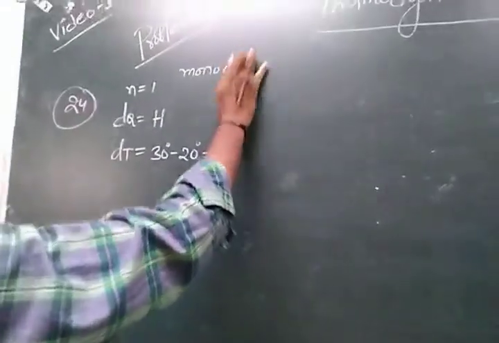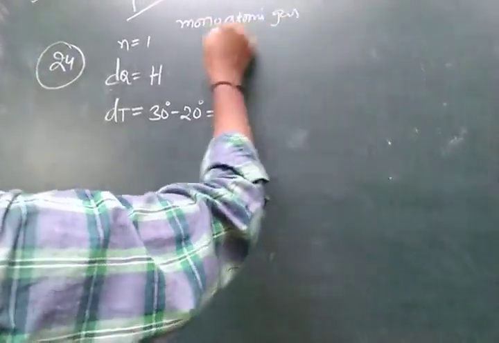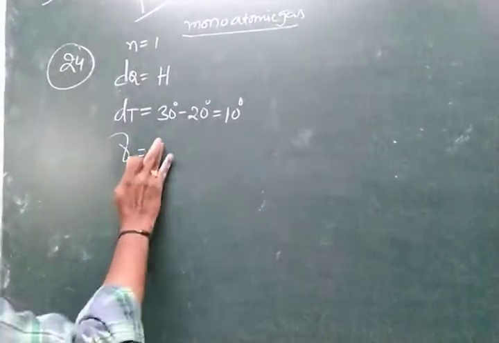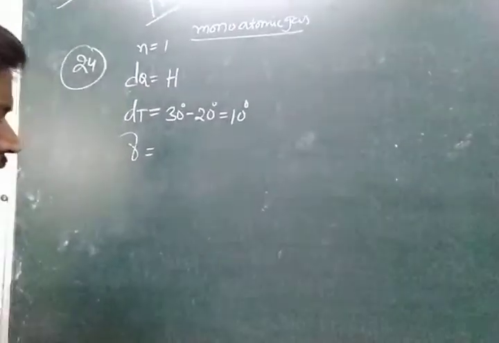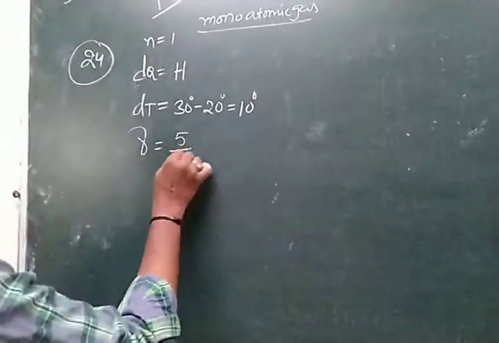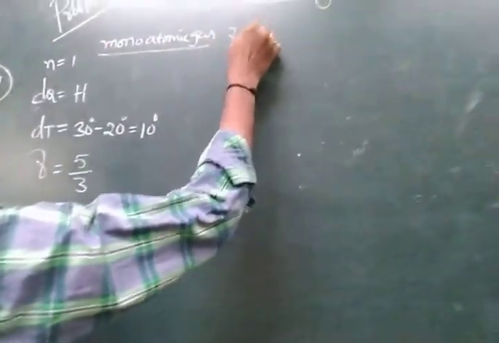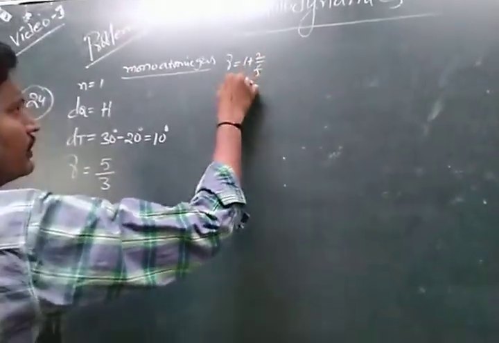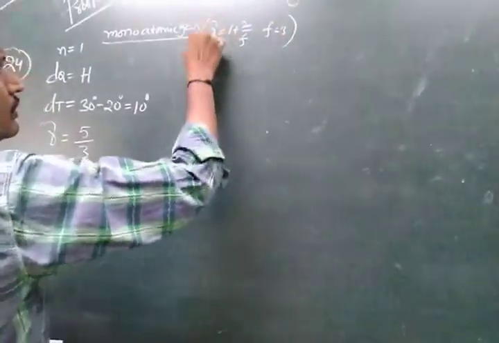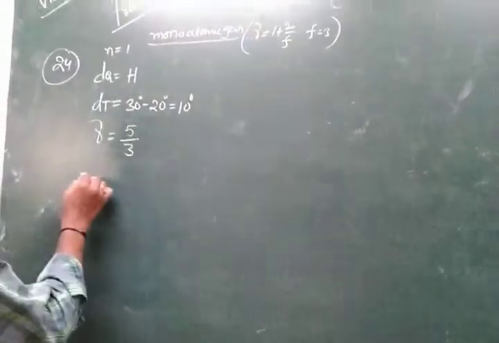For monatomic gas, gamma is nothing but 1 plus 2 by F. Monatomic gas degree of freedom is 3, so gamma is 5 by 3. Gamma formula is 1 plus 2 by F, where F value is equal to 3. Then monatomic gas.